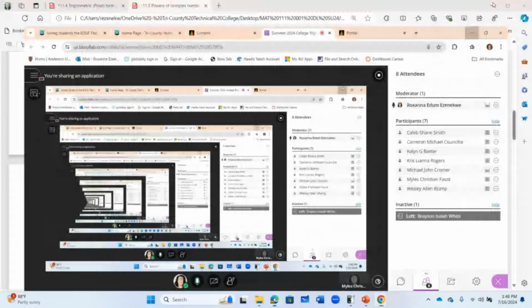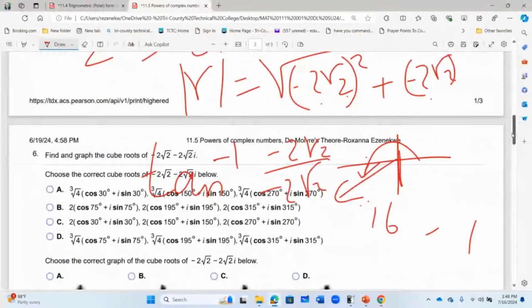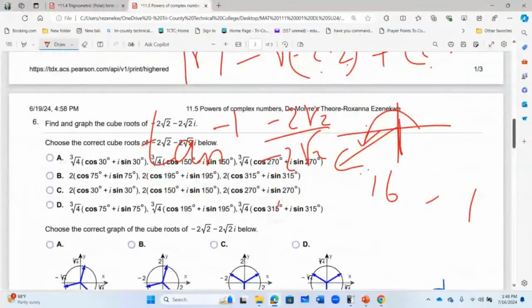All right, so now the arctangent: what is the angle whose tangent is 1? That is 45 degrees. I hope you agree. Remember the 45, 45, 90 triangle.